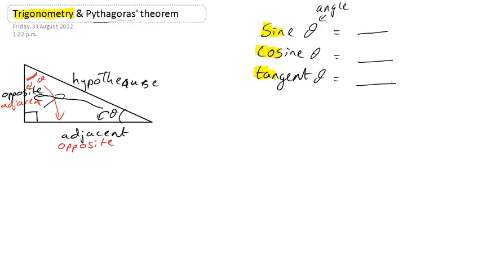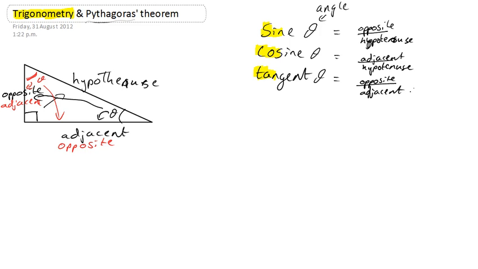So sine is the opposite and the hypotenuse. And cosine is the adjacent and the hypotenuse, and tangent is the opposite and adjacent.